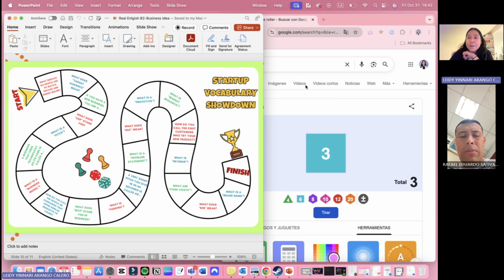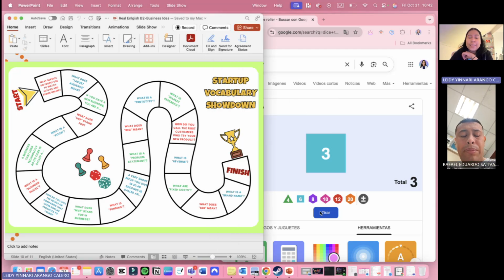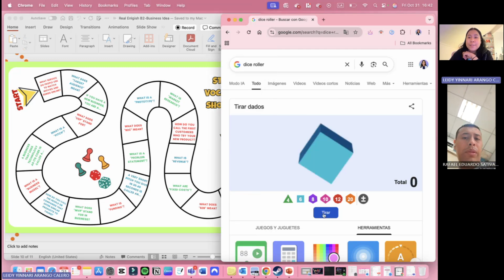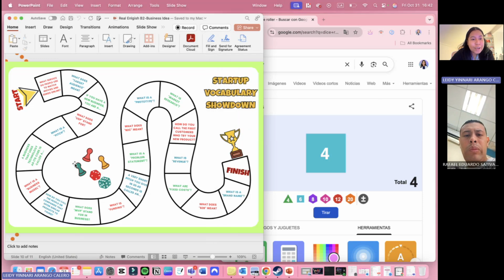I'm going to roll the dice. Okay, number 4. So I'm going to count 1, 2, 3, 4. The question for number 4 is: what does USP stand for? Do you remember?